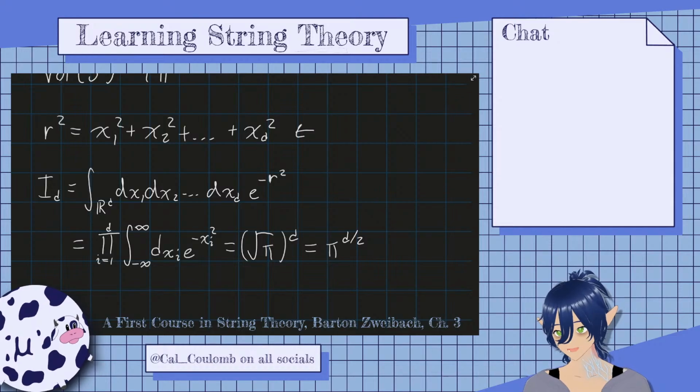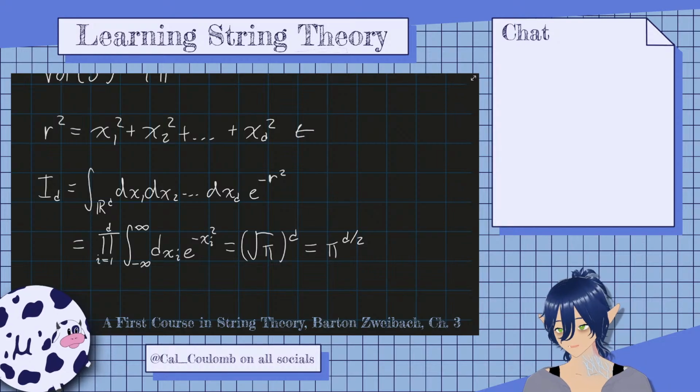Now we proceed indirectly. We do the integral by breaking RD into thin spherical shells.